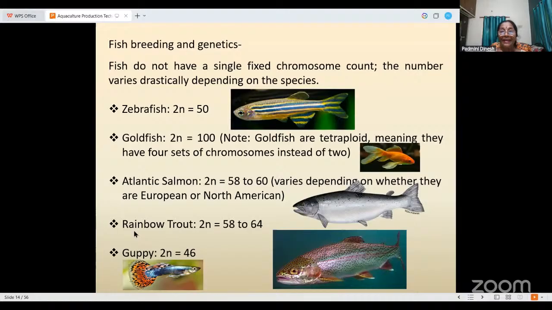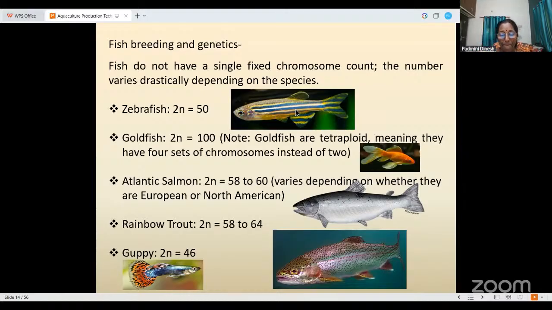So for understanding that technology, first you have to understand what they are made up of, what is the number of chromosomes they are made up of. When you're talking about zebrafish, which is a very small fish that can be grown in an aquarium also, although it is very small, what is the chromosome number? 50. What is the number of chromosomes humans have?